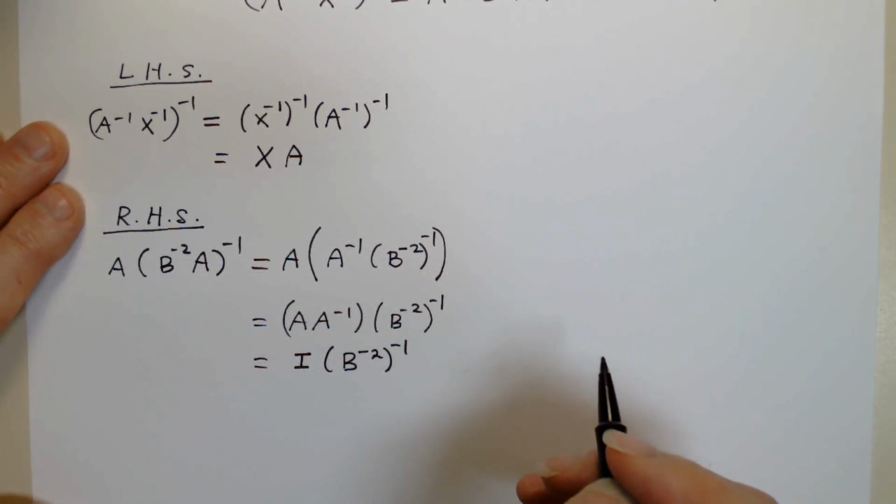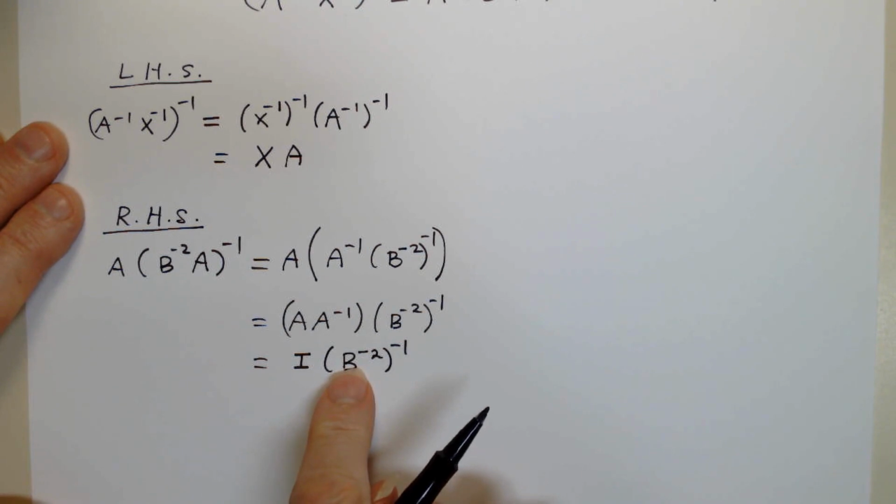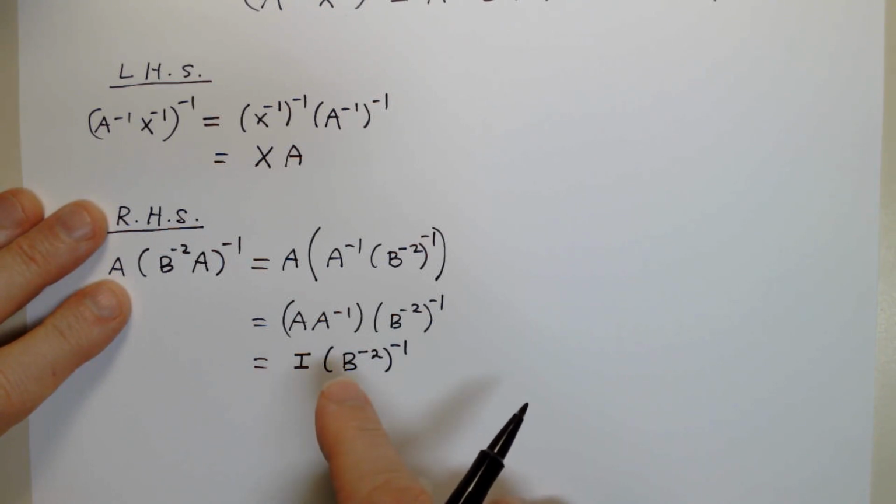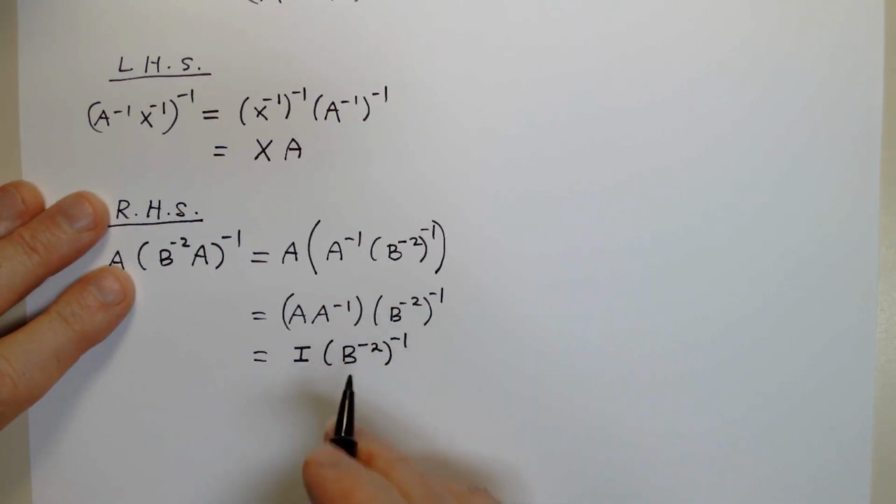Now I want to use the fact that I can think of B to the negative 2 power in a couple of different ways, but one interpretation of that is it's B squared to the negative 1.